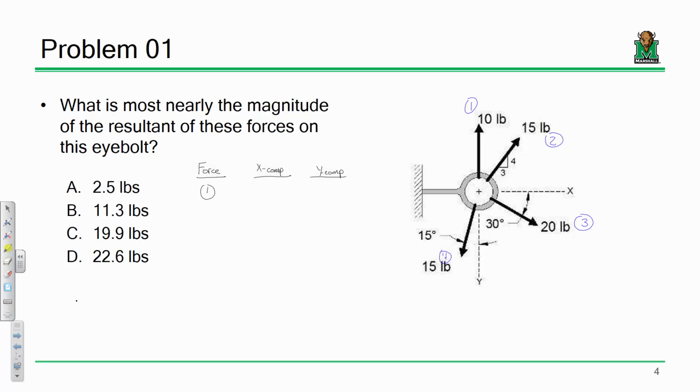So let's deal with force 1. What's the x component of force 1? 0. Big old goose egg. The y component of that force is 10. Now, I'm going to make a conscious decision to say that my y components are positive if they're acting upwards.